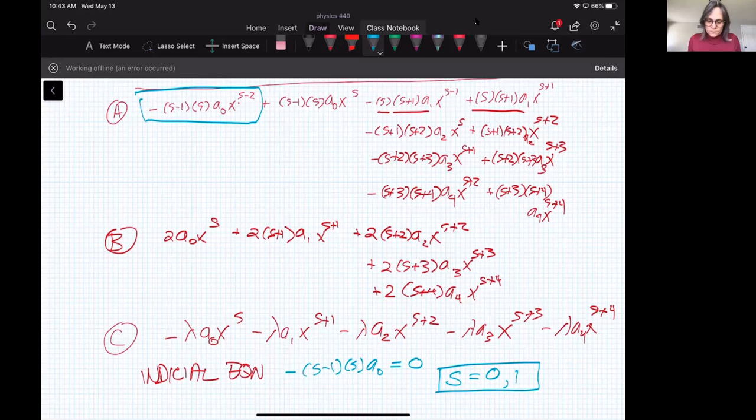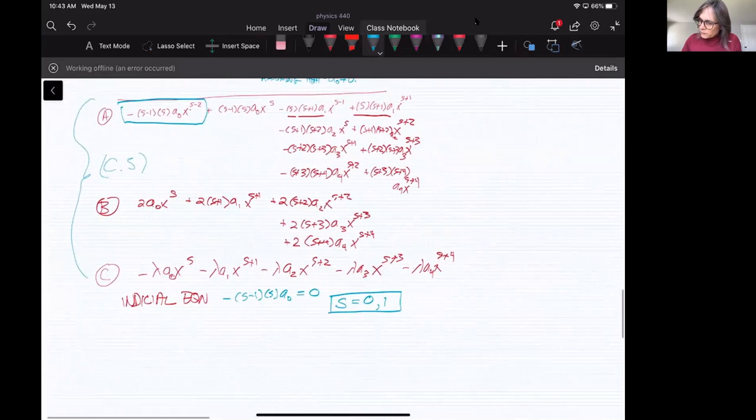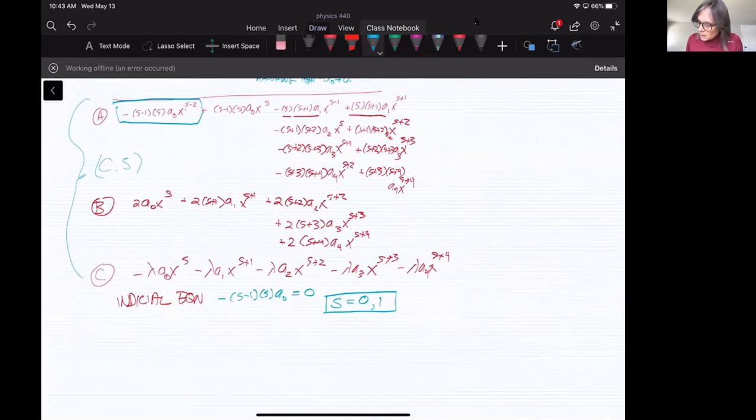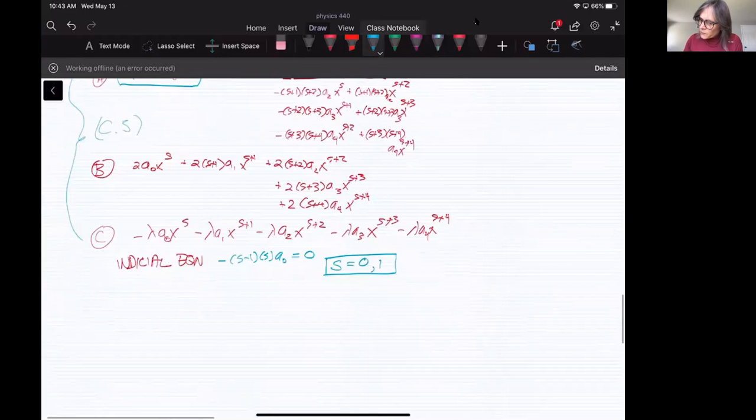Step 2 now, what I'd like you to do is we're going to look at s equals 0. So we're going to take these equations, which I'll call C.3, and I'll leave these up here, even though it's kind of messy. So the next step, I forgot what step we're on, step 3.